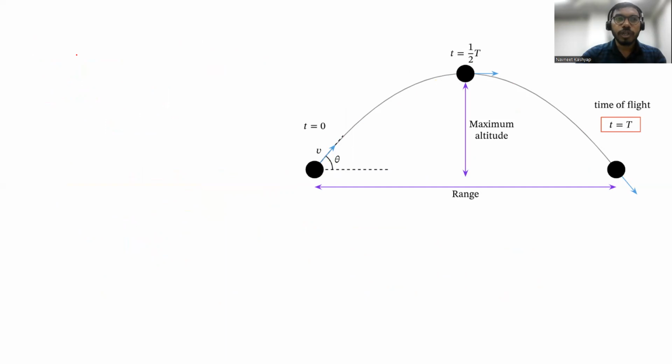Because we know that the horizontal velocity is constant, the horizontal distance traveled, denoted by x, will be equal to the velocity in x direction, which we can see here is v cos theta, multiplied by the time taken. At first it is t0 and the total time of flight is denoted by capital T.